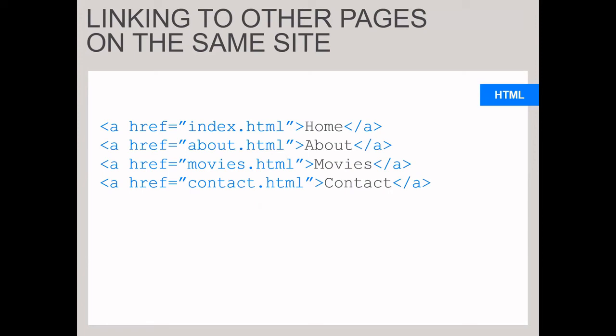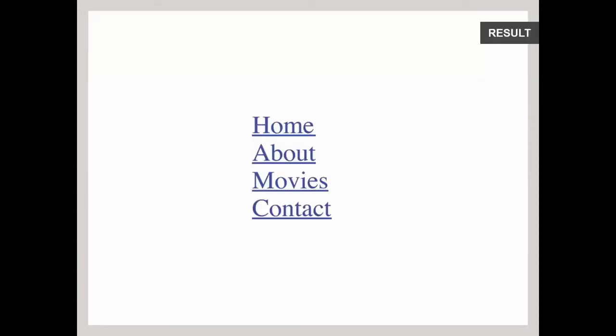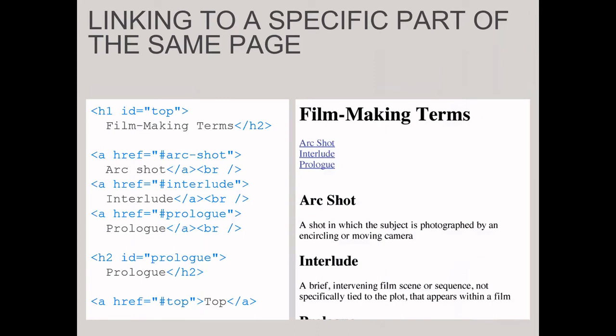Because there is no directory given, that means that this file must exist in the same directory where that page is. All right, so that's one type of link that takes you to another page altogether.